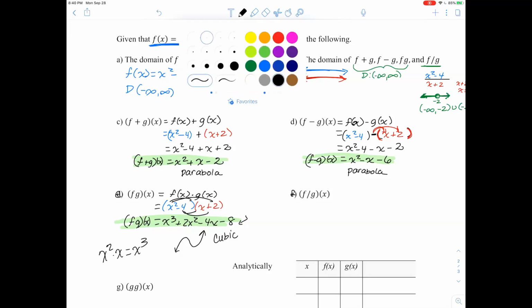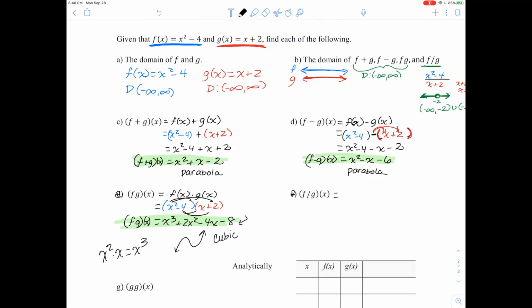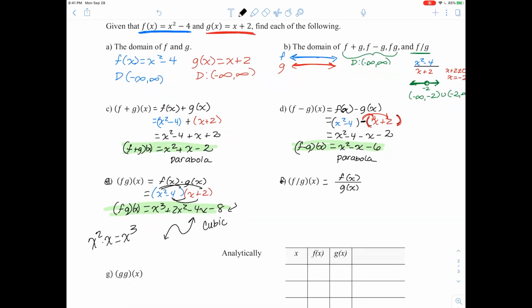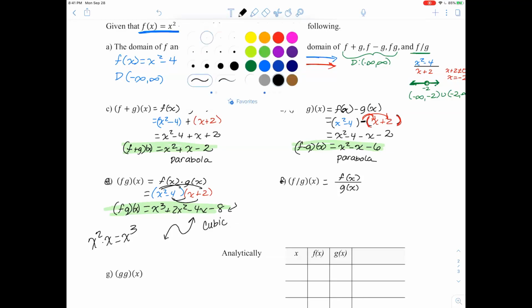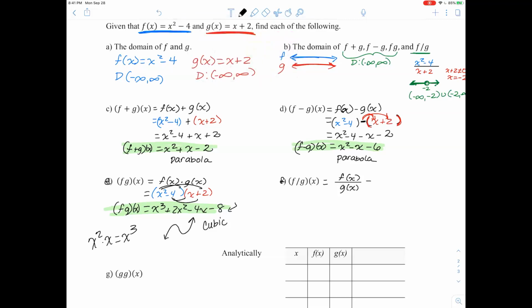Let's look at this last one here. All right, so we're doing the f of x divided by the g of x. And this one is going to require a little extra work because this is a fraction, and you always have to make sure that your fraction is in simplest form. So let's go ahead and fill this out. So I think I'm going to go horizontally with this work here.